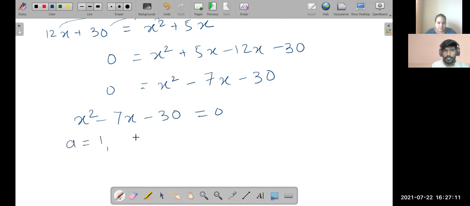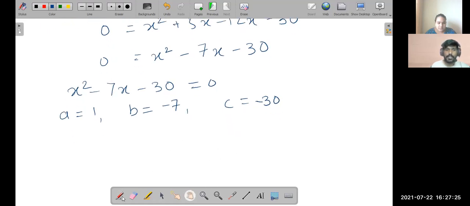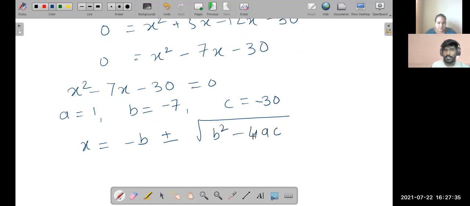Since you want to solve it by the formula method, we'll do that. So A is 1, B is minus 7, C is minus 30. The formula is minus B plus minus under root of B square minus 4AC, divided by 2A.